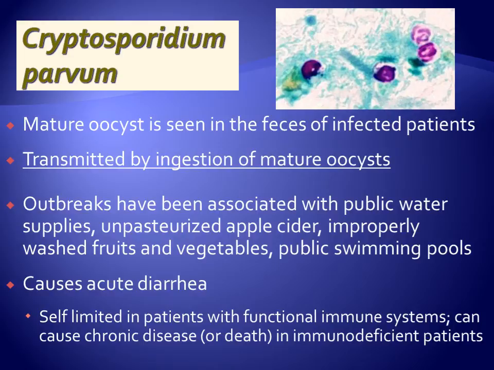This organism causes acute diarrhea, which is self-limiting in people with functional immune systems. People who are immunocompromised, it may cause death or it may progress into chronic diarrheal disease.